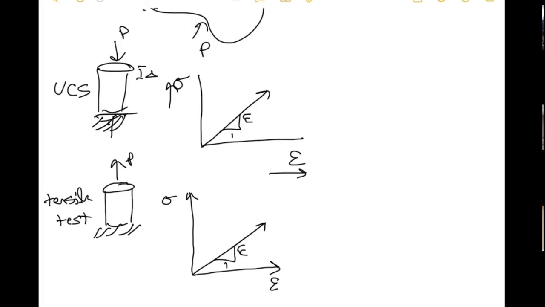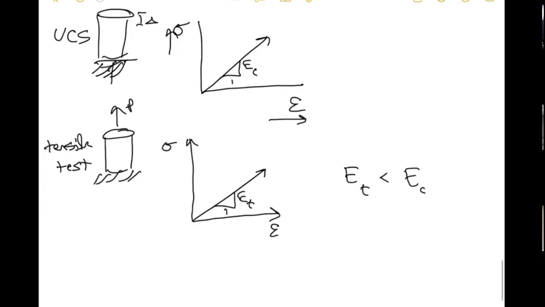But in general, for most rock, let's call this ET, and let's call this EC. How are they related? The ET will be smaller than EC. That is correct. That's what we typically will measure. And then what's the mechanistic reason for that?